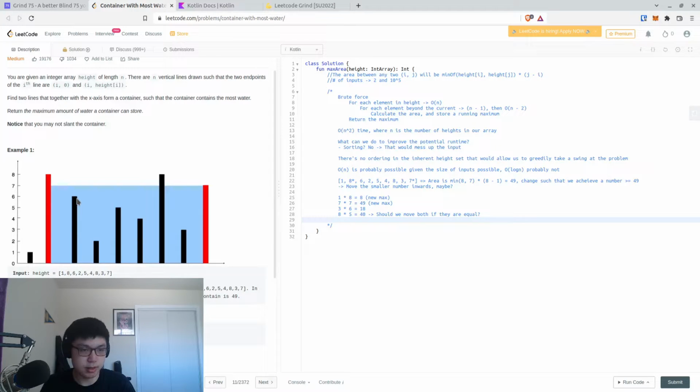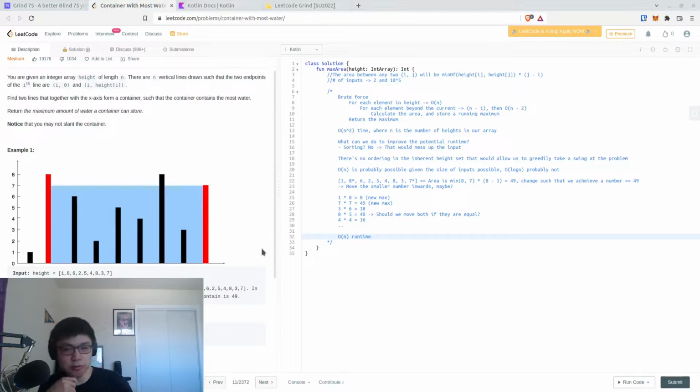Let's suppose we did. So now we have 6 and 4, which is 4 times 4, which is 16, and so on and so forth. This would be O of n runtime, but would it work? Would it consistently work such that we always find the maximum?